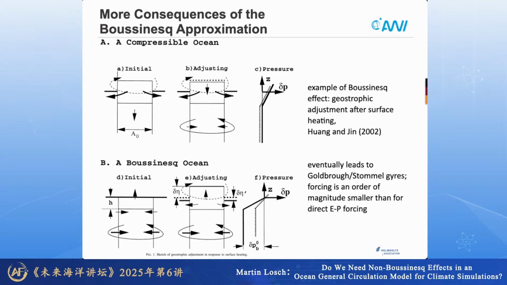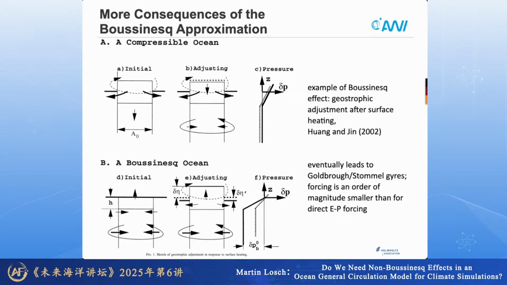So the result is that you have initially, and this is the black line in figure C, a modification of the local pressure as a function of depth. That is 0 below the warming part because there's no mass added or removed by the warming. But then after the adjustment, water is lost to this particular water column, and the pressure is reduced over the entire water column by a small margin.